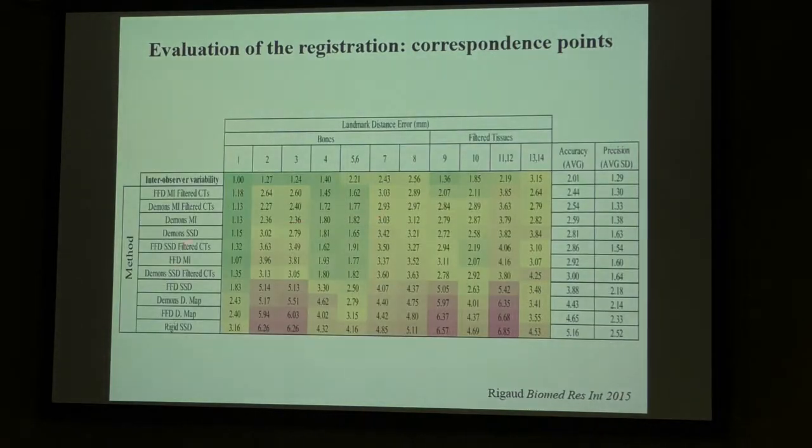And this is also work we have done just in head and neck, looking at several elastic or rigid methods, considering several landmarks and showing that the accuracy of the registration methods may be very different.